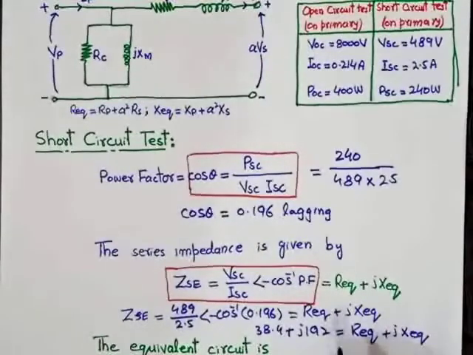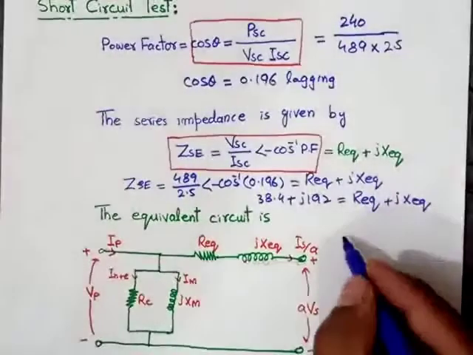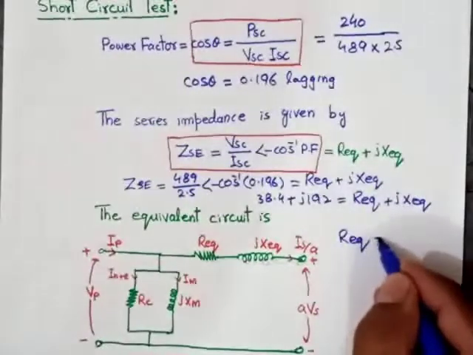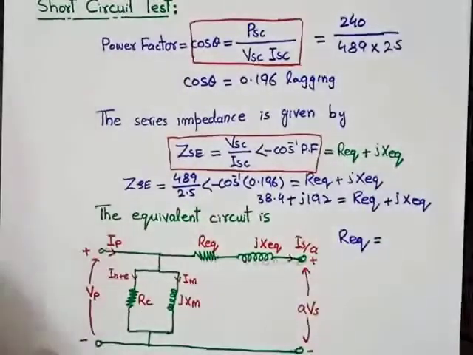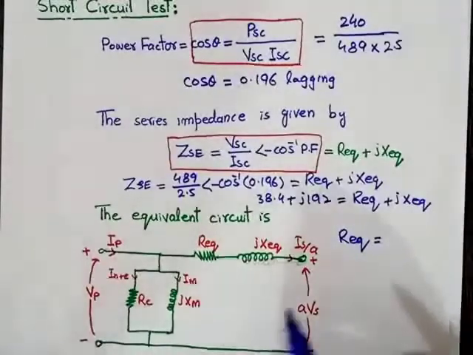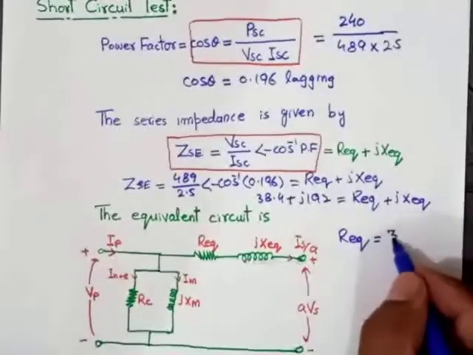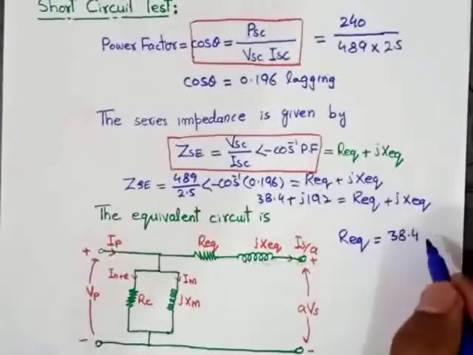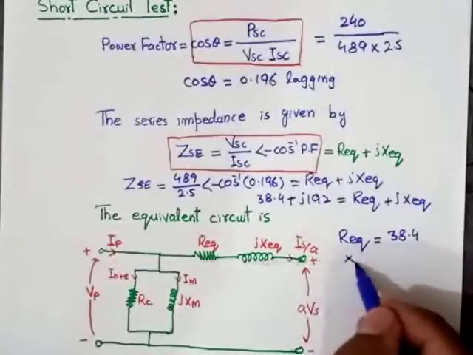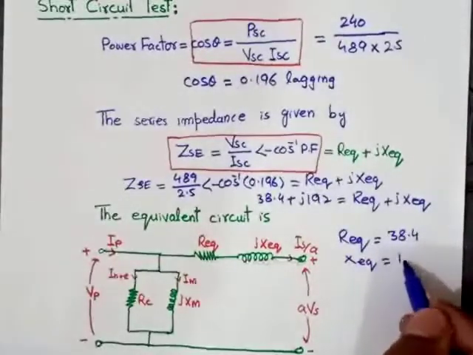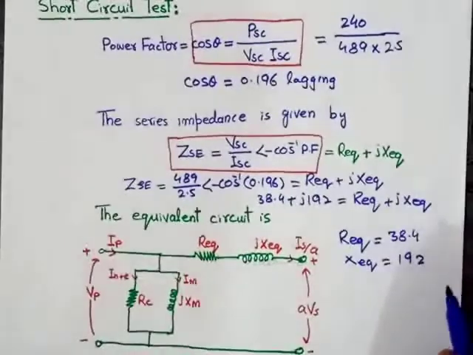So after comparing the real part with the real part and imaginary part with the imaginary part, we get R equivalent is equal to 38.4 ohm, and X equivalent is equal to 192 ohm.